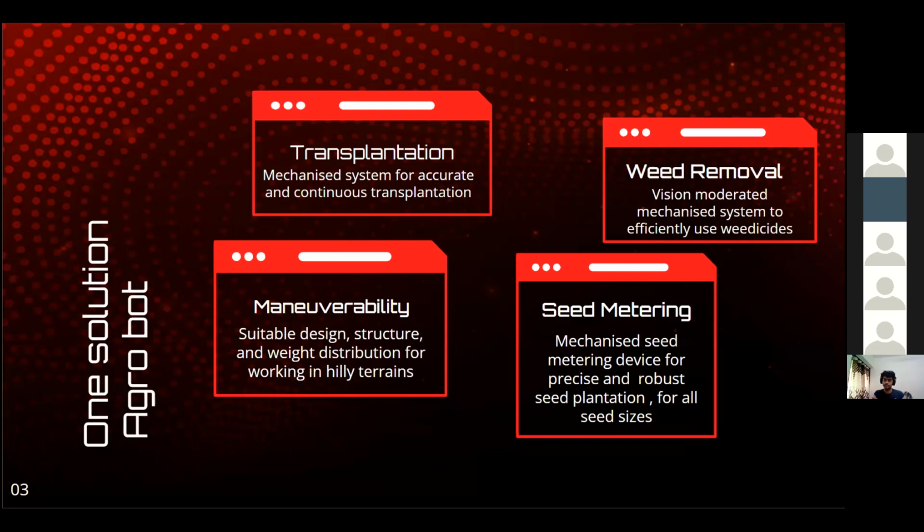Second is weed removal, third is maneuverability in complicated terrains. The region where this Agrobot was supposed to be used was hilly terrain, mostly the northeast. And a seeding meter, where you need to plant the seeds into the soil and keep a proper count of it. These were a few of the major pillars which we had to design in our robot.